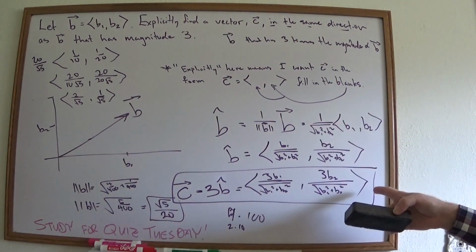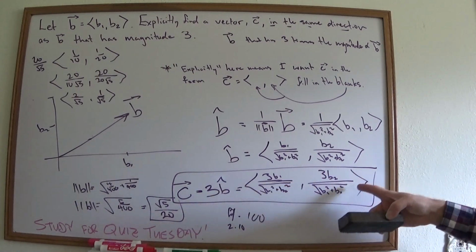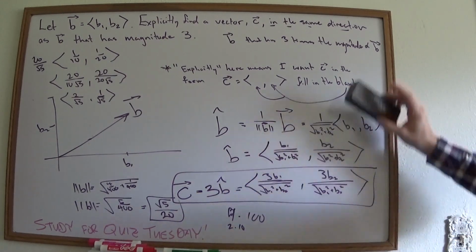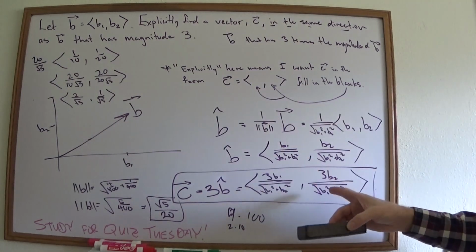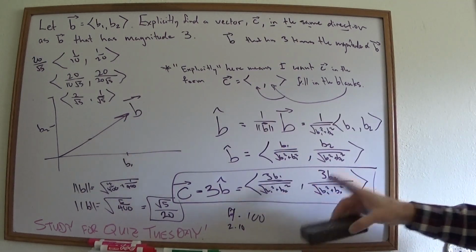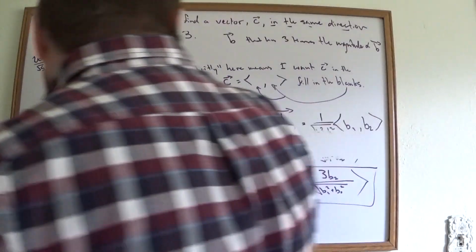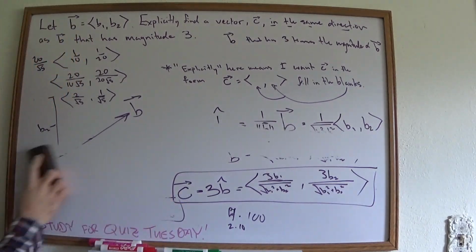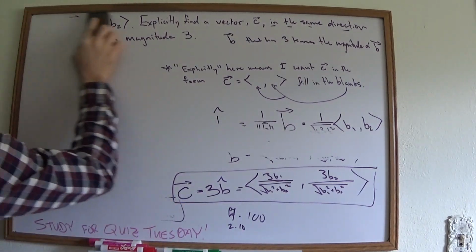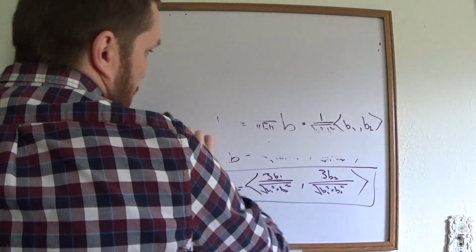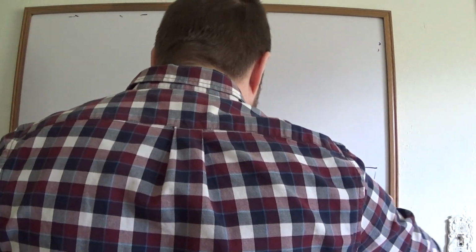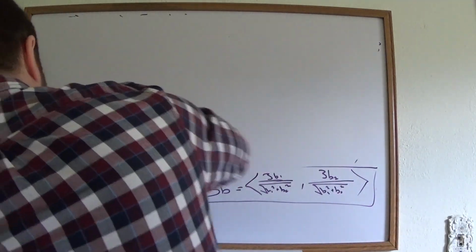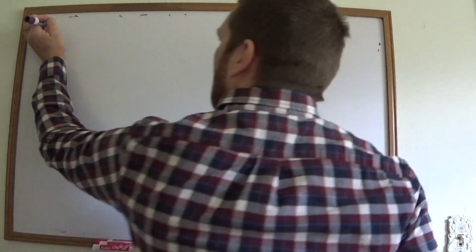And real quick, we could check this just to make sure that it does have magnitude 3. In fact, I'm going to do that. I'm going to get rid of all this stuff that we have except for the actual answer we got. And then I'm just going to check that indeed its length is 3, because that's what we wanted. So, okay.